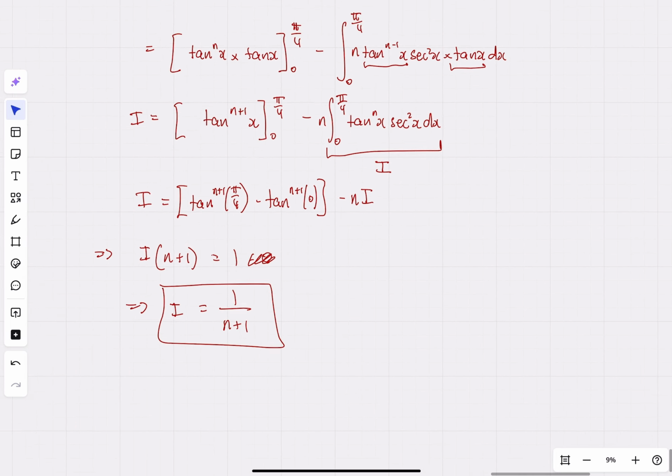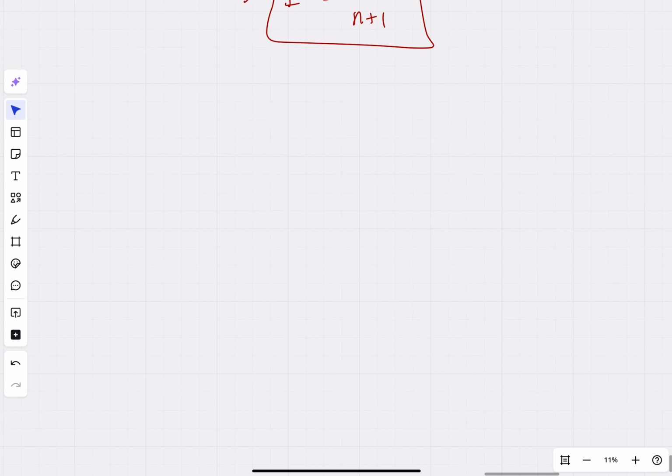Okay, our second part's a little bit more tricky, but it's a very similar idea. So we're going to have the integral from 0 to pi over 4 of sec to the n x tan x dx.